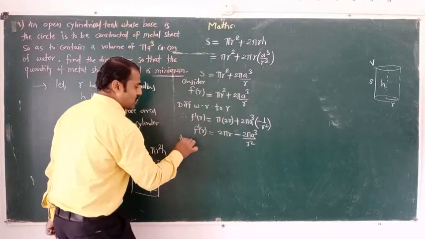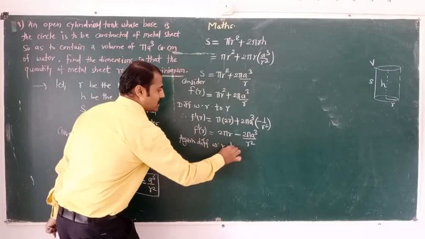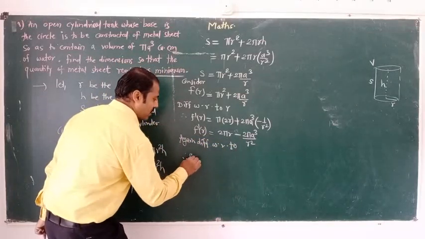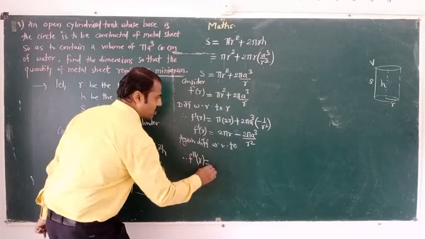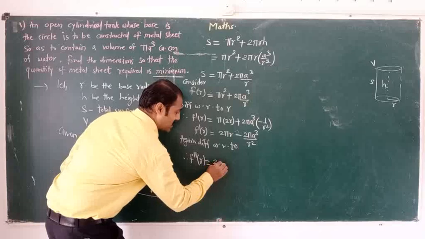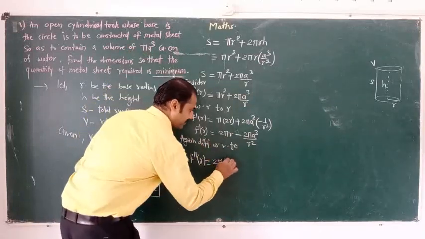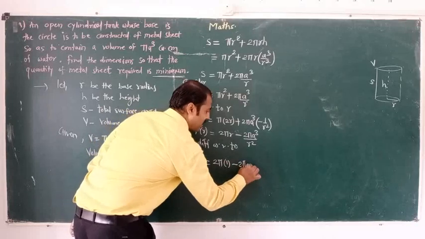Now again differentiating with respect to R. Therefore, f double dash of R is equal to, now derivative, 2 pi is constant, derivative of R with respect to R is 1, minus 2 pi a cube is constant.